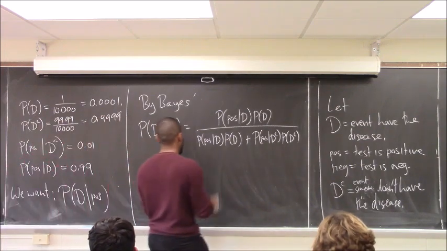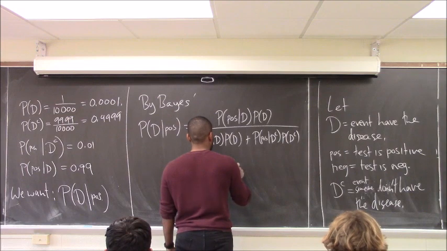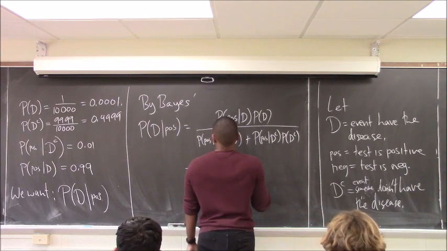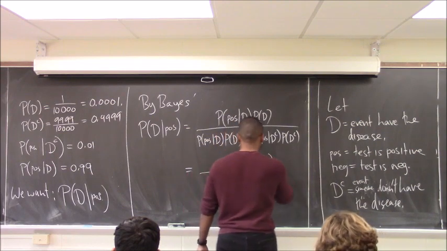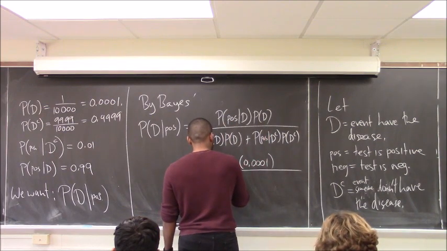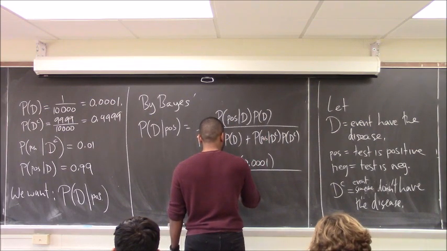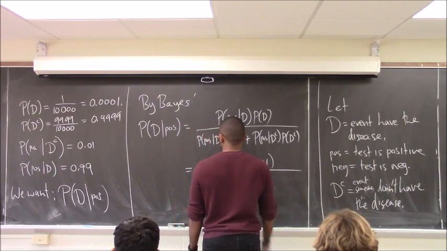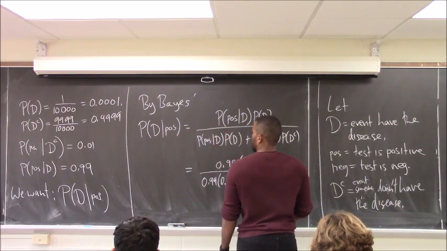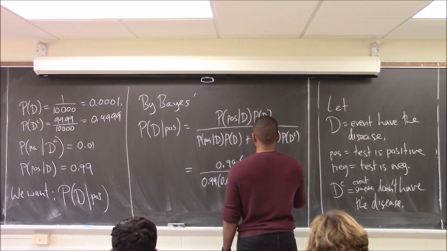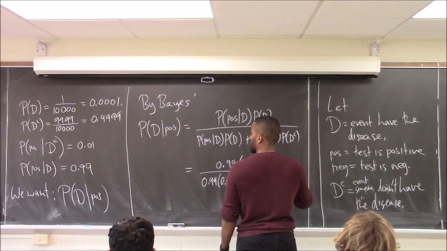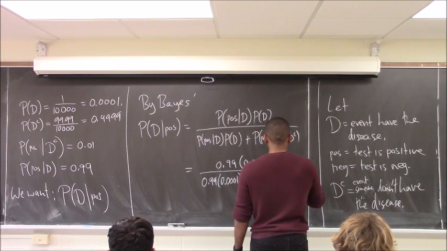So here we have 0.99 times 0.0001 over 0.99 times 0.0001 plus 0.01 times 0.9999.